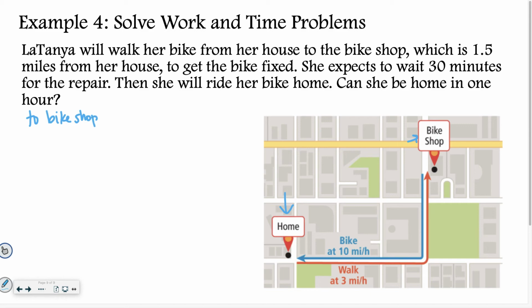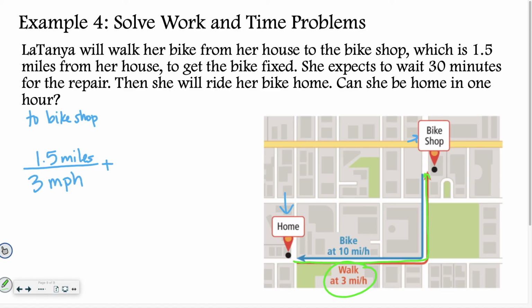So let's say on the way there, to the bike shop, let's figure out information with that. We know it's 1.5 miles, and we know she's traveling how fast. So on the way there, it looks like it's the red line, well, that I've highlighted lime green now. It's the walk at 3 miles per hour. So she did 1.5 miles at 3 miles per hour.